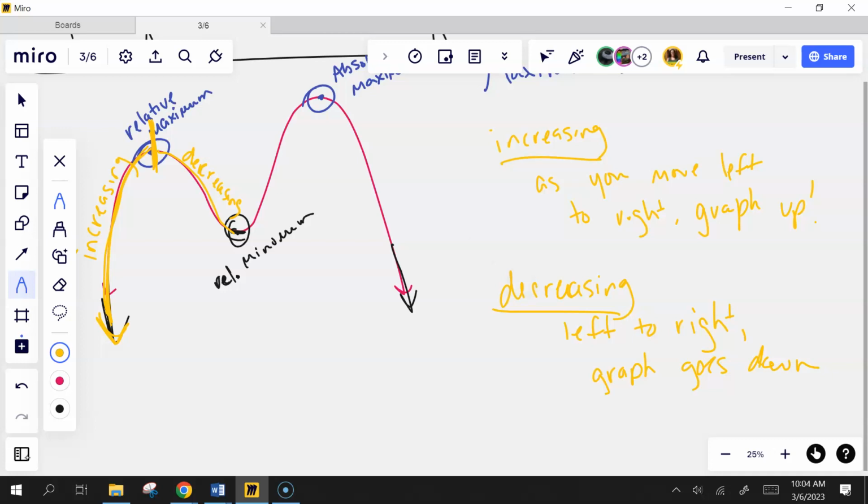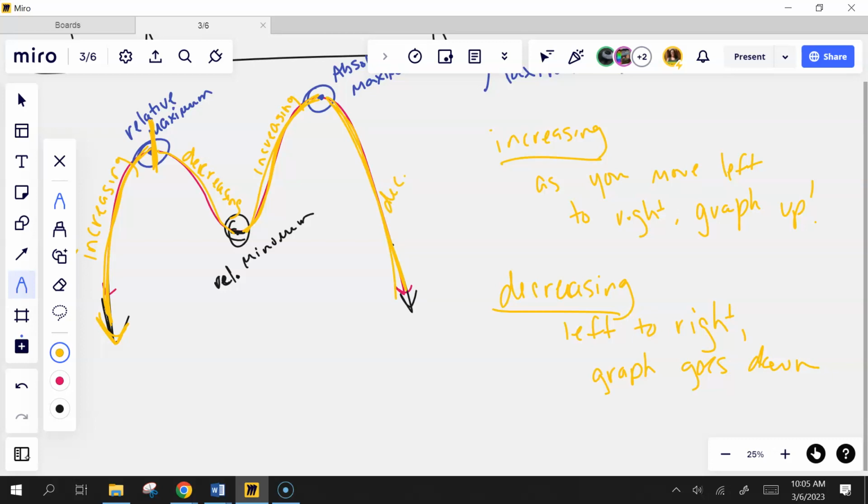What's this next little interval? Increasing. This is an increasing interval. That's exactly right. And how about this last piece? Decreasing. Okay.